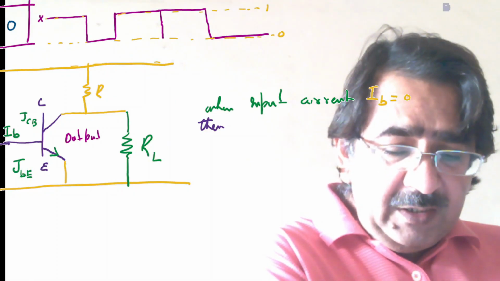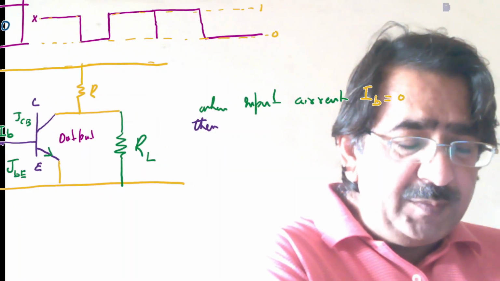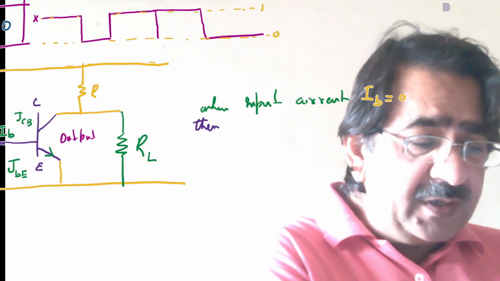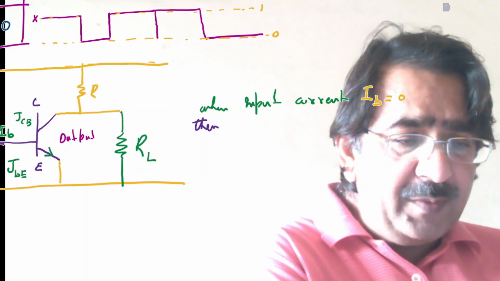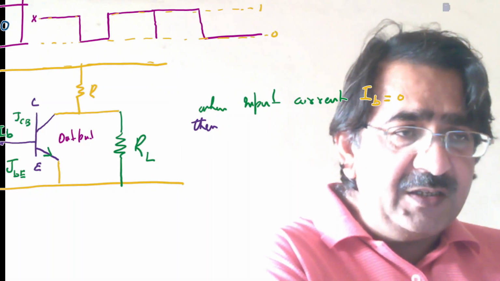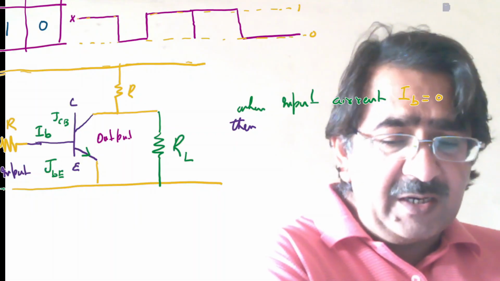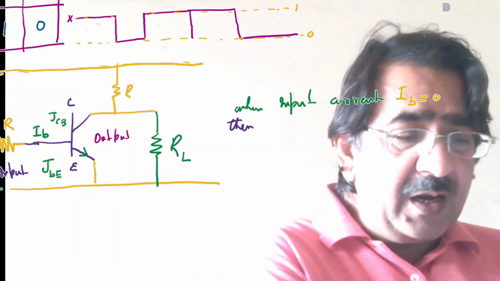For both cases, when input current is less than 0 or IB is 0, in the case of common base transistor that will be the emitter current, but in our case, which is common emitter transistor, the input current will be IB.